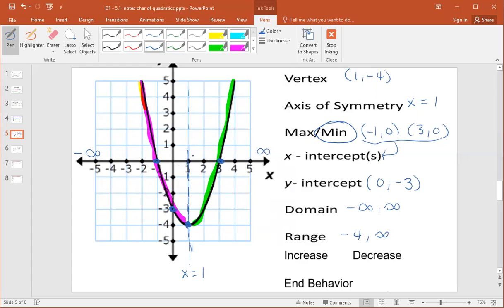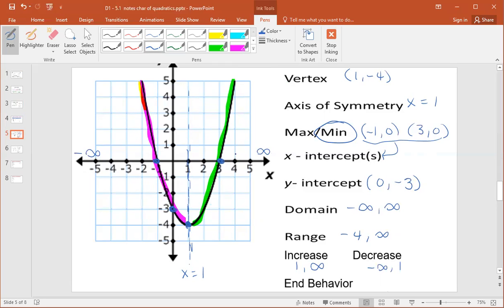So I'm going right along this x-axis. So from negative infinity all the way to 1 is my decrease. My increase, where it starts going up, happens from 1 to positive infinity.